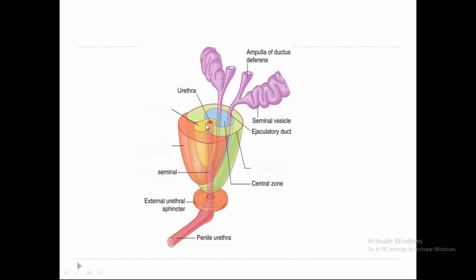So you can again see here, this is the urethra, this is the seminal zone, this is the central zone. This is the external urethral sphincter, the penile urethra, this is the prostatic urethra, ampulla of ductus deferens, seminal vesicles, this is the ejaculatory duct. It's going like this, an opening here.